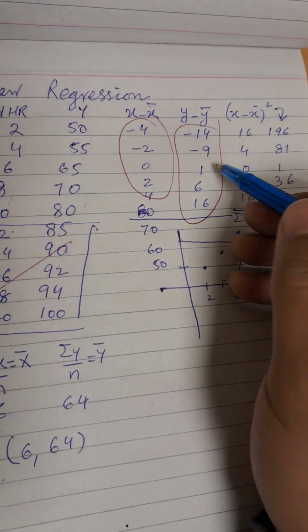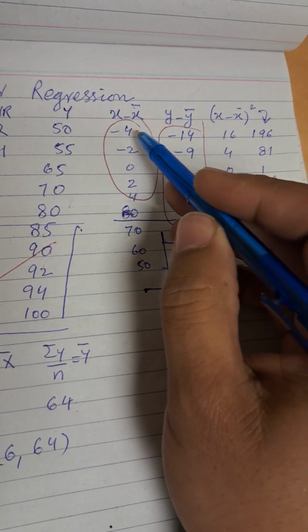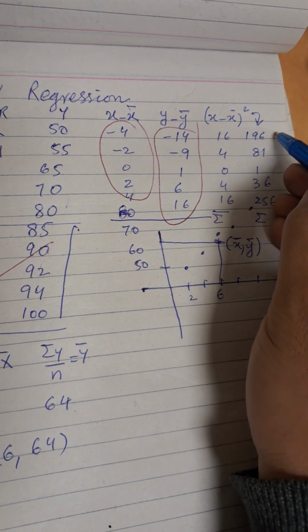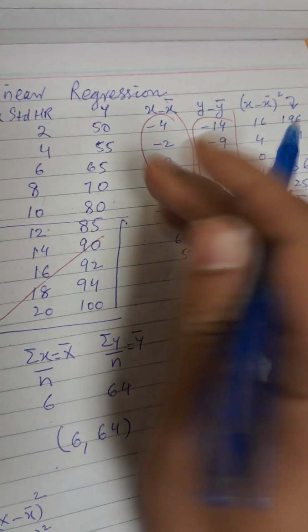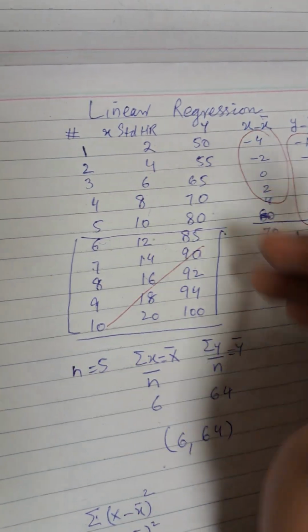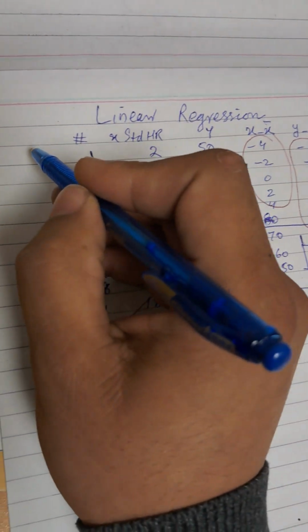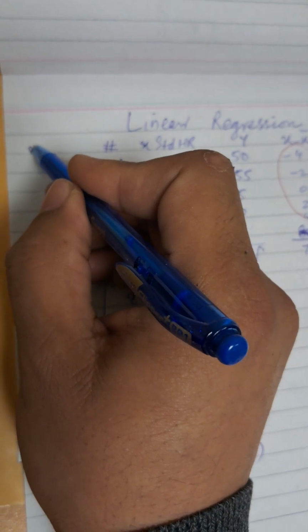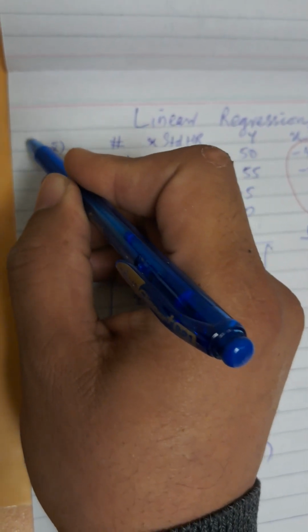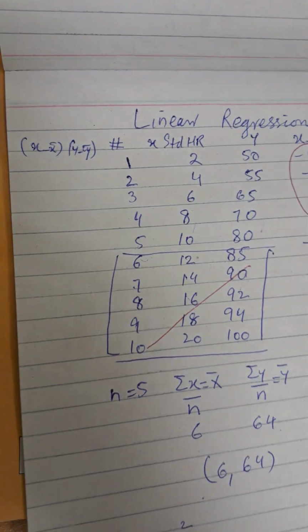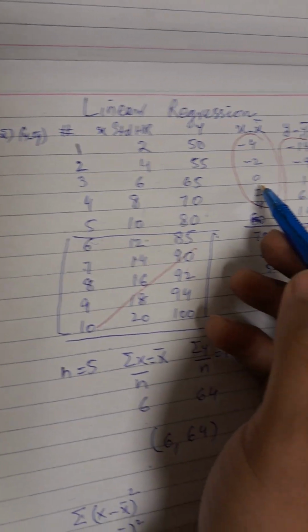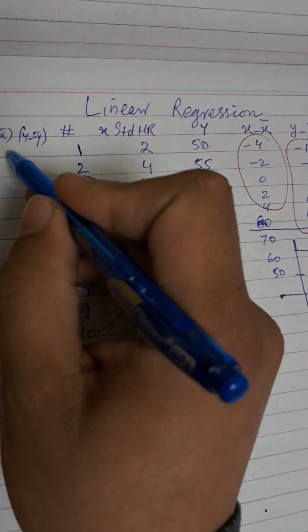In here, if we multiply them together, this is 14 fours of 56. Let's see. In retrospect, I'm doing it here because I'm not left with enough space over there. x minus x bar, y minus y bar. So for this one, we have 56.